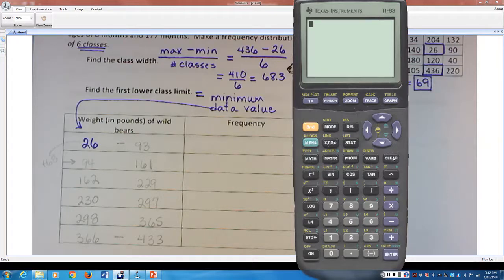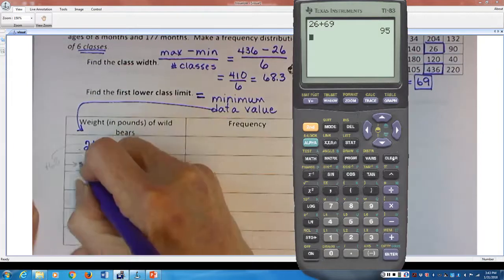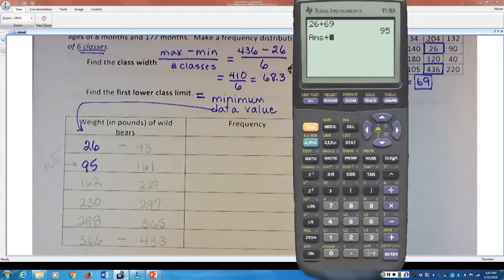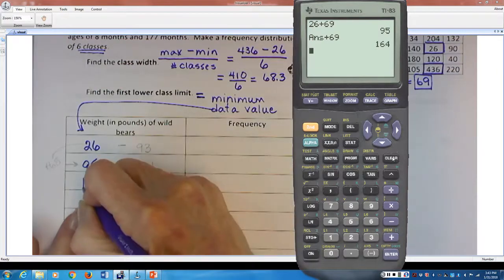Okay? So let's do it correctly. We're going to use the correct class width of 69, not 68. So our first class limit should have been 95. And our second one should have been 164.